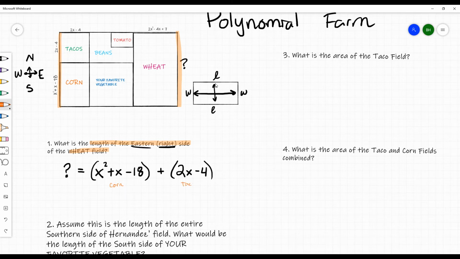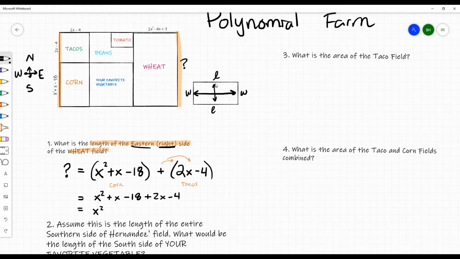So the length of this side for the corn and this side for the tacos added together will give me the entire length of the wheat field. For this, we're just going to add them up. I like to check whether I need to distribute out this addition sign. Luckily with addition, everything comes out the same, so I don't need to worry about it so much.